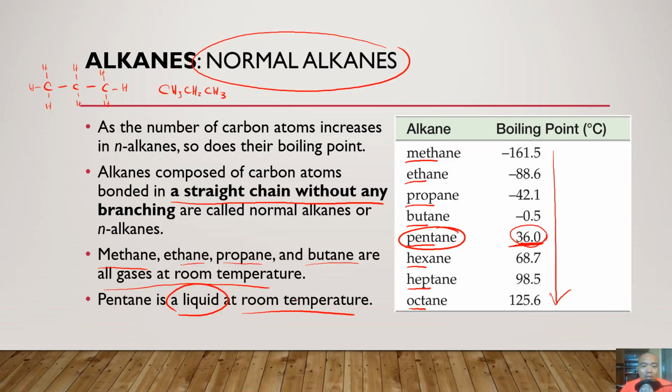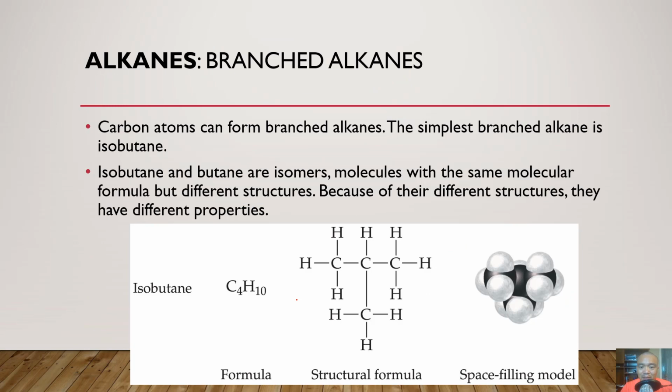Not all alkanes are normal alkanes. Some of the alkanes will be branched alkanes. For example, isobutane is branched because you don't see a straight line. The normal butane would be 4 carbons connected together with the correct number of hydrogens surrounding each carbon.